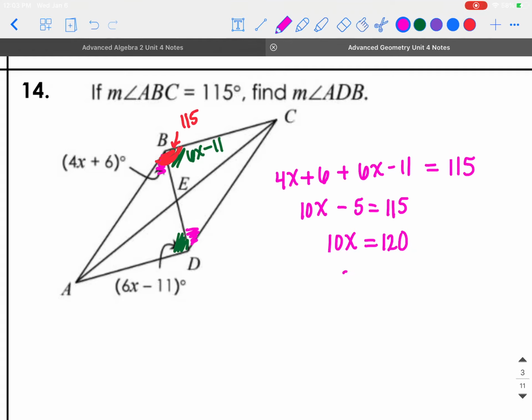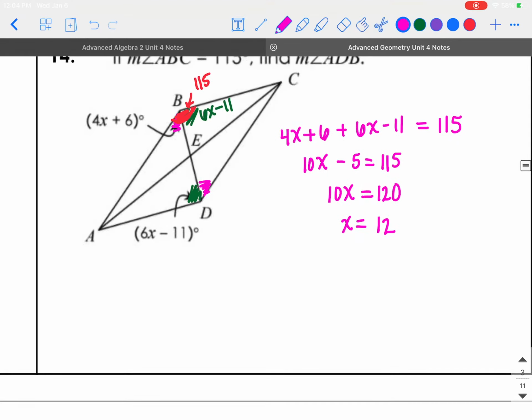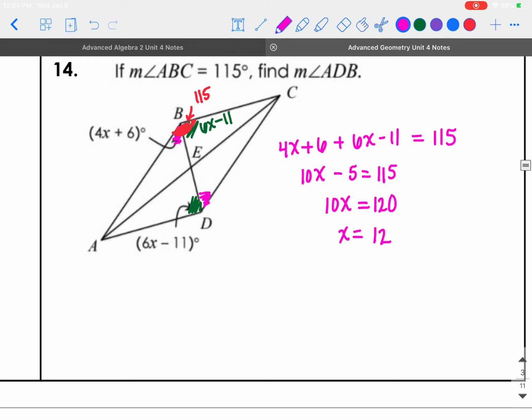And then if we divide by 10, we get x equals 12. But it asks for angle ADB, which is the green. So 6 times 12 minus 11, that's 61 degrees.